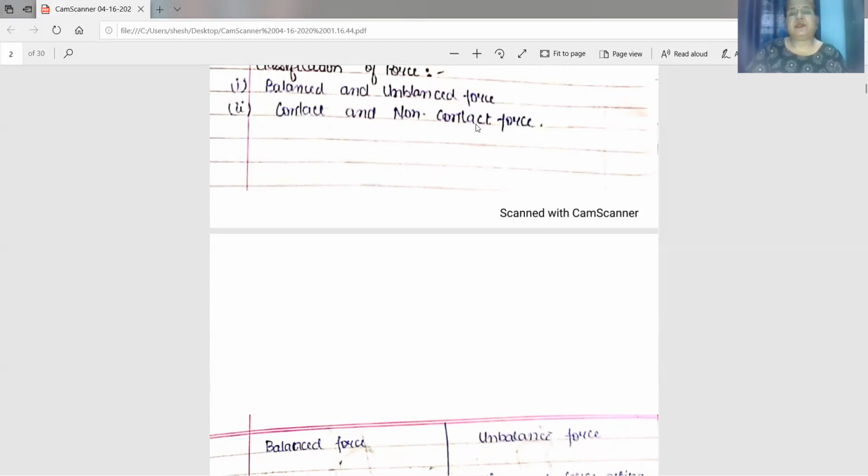Examples of contact force are muscular force and frictional force. Examples of non-contact force are gravitational force, magnetic force and electrostatic force.